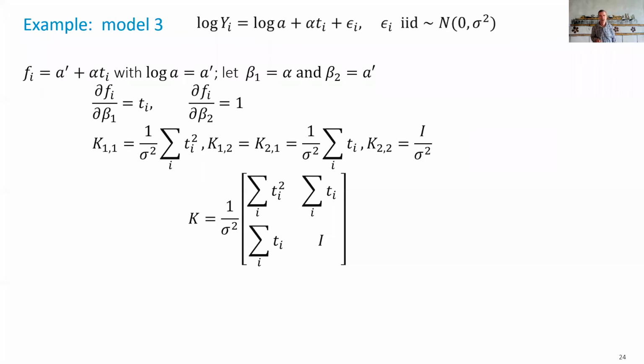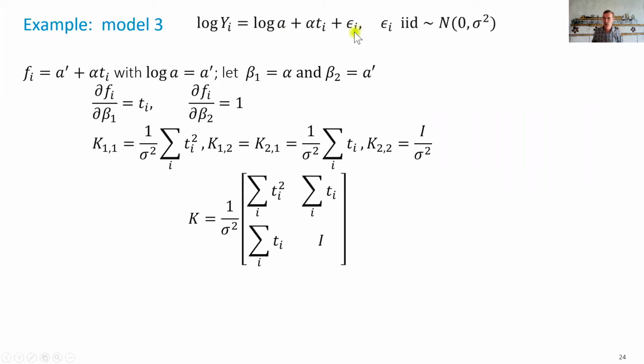But let's see what that means exactly. You may remember that last week we fitted the model of virus expansion by first going into log scale, and then in log scale we had a linear model. We had two parameters, log a and the growth rate alpha.